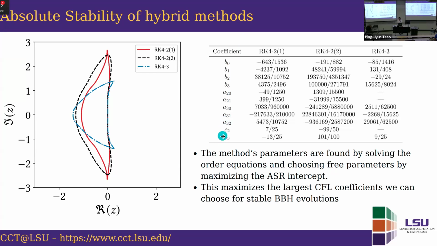In this case, we have C2 and C3, the free parameters of our methods. And we tuned the free parameters of our methods in order to try and maximize this intercept value, or the value in which the absolute stability region crosses the imaginary axis. And this was done in hopes that this would give us the highest CFL, or the highest time step possible for our problems, right?